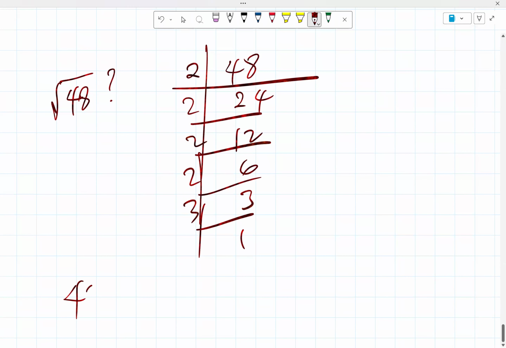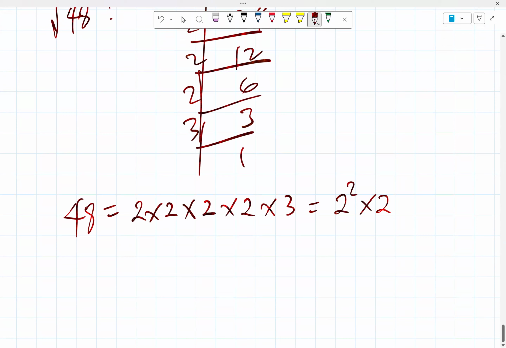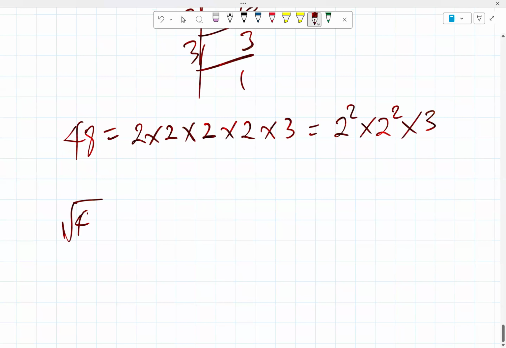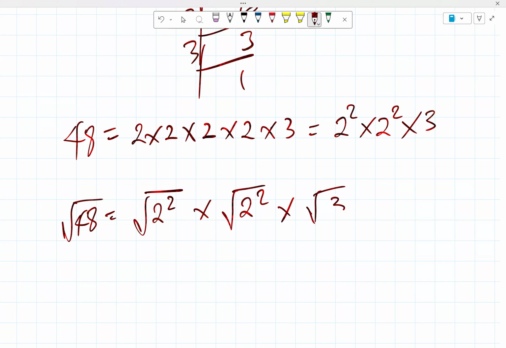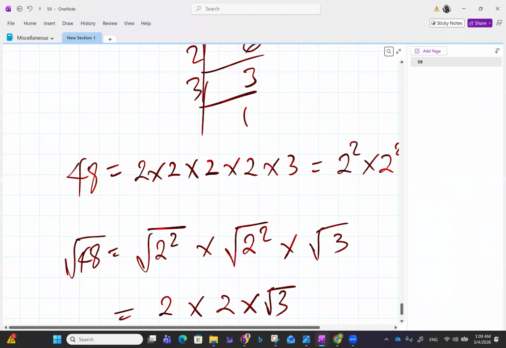So 48 now is equal to 2 times 2 times 2 times 2 times 3. That's the same thing as 2 raised power 2 times 2 raised power 2 times 3. Then square root of 48 is equal to square root of 2 raised power 2 times square root of 2 raised power 2 times square root of 3. So 2 will come out of here, 2 comes out of here, and you have root 3 here, and that is 4 root 3. So that's 4 root 3 for 48.